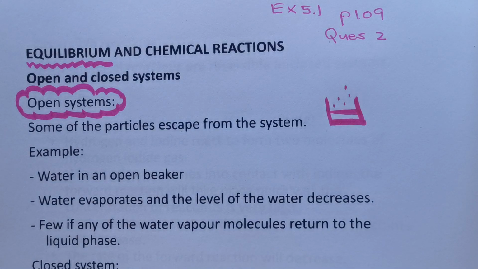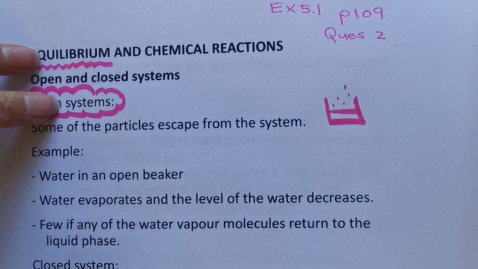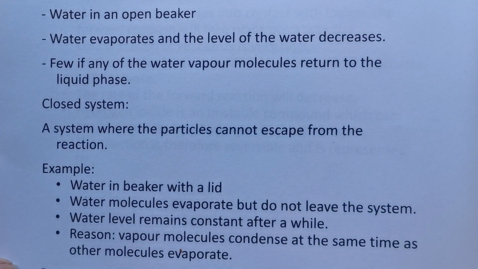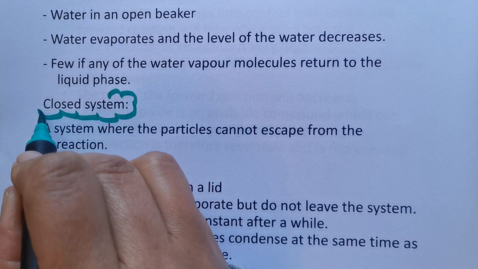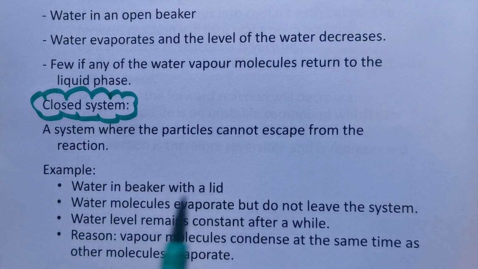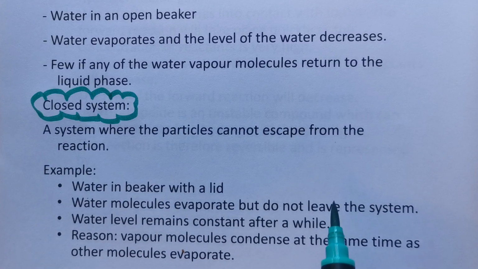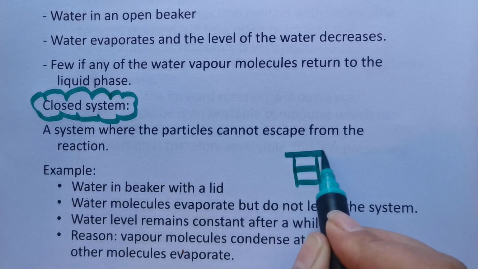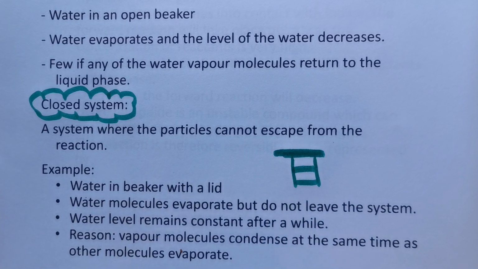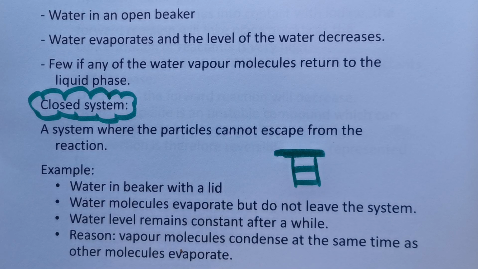Now the next type of system that we're dealing with is one that's referred to as a closed system. When we talk about a closed system, it's a system where the particles are not allowed to escape. So we have a system where it's sealed. If we were talking about a beaker with water, it would have a lid on it, and that lid would prevent any water molecules that have evaporated from leaving the actual system.